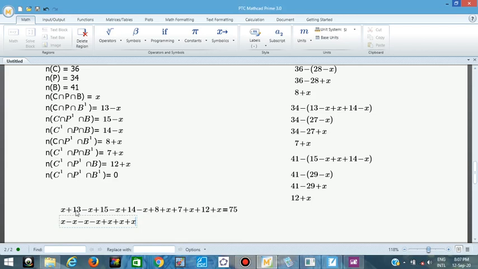Then the numbers are 13 plus 15 plus 14 plus 8 plus 7 plus 12 equals 75. So just make sure you add them very well.